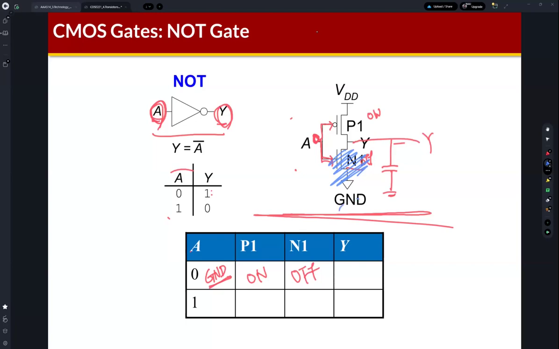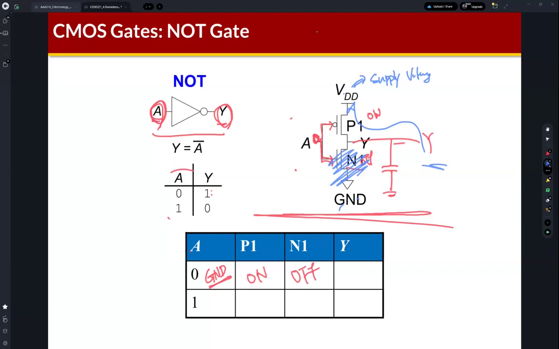And the PMOS is on, right? So the PMOS is connected, which means Y is connected to VDD, the high voltage, the supply voltage. So we can drive the output Y using VDD and ground.